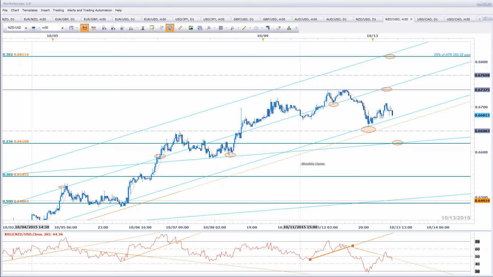Eileen says, where would the short be for Kiwi after the breakdown, the stop? Where would the short be, or where would the stop be for the short after the Kiwi breakdown? If we break what, Eileen? If we break down below here, the stop would probably be against that swing high that we made back on the 7th of last week.